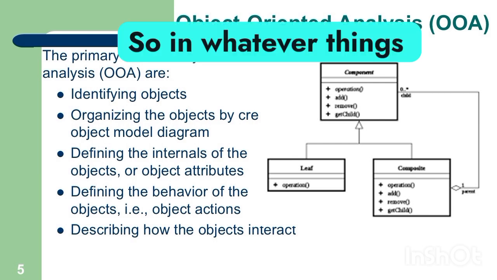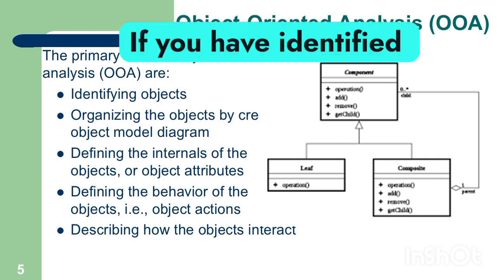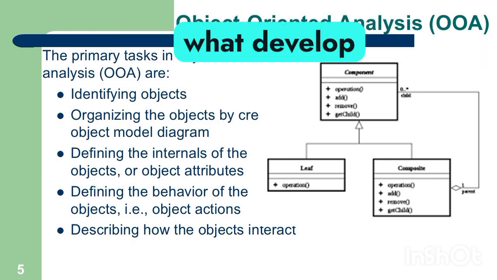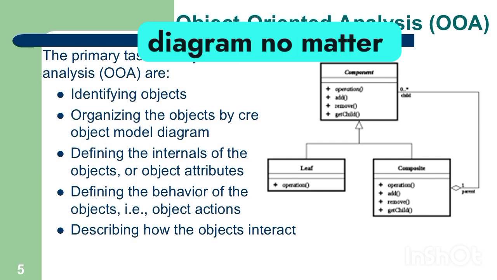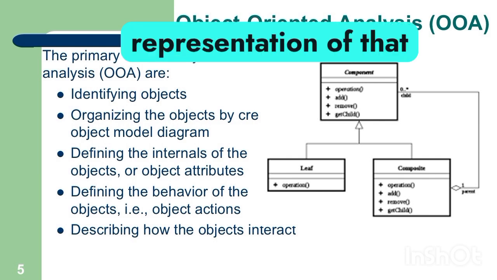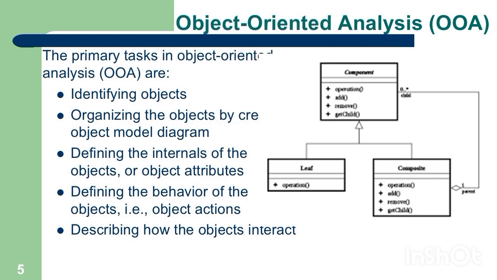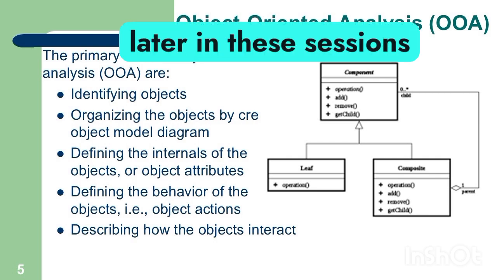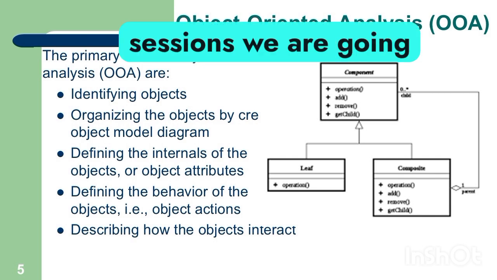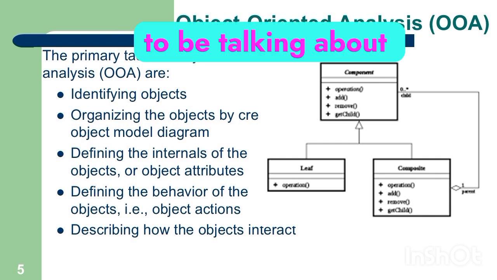So in whatever things you are doing, if you have identified that object, you should be able to develop that program by having a model diagram. No matter what, try to create a pictorial representation of that very object. We are going to look at these models later in these sessions or in the next sessions.